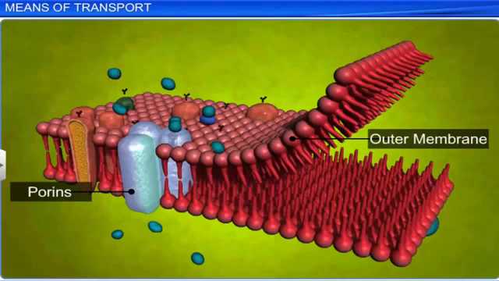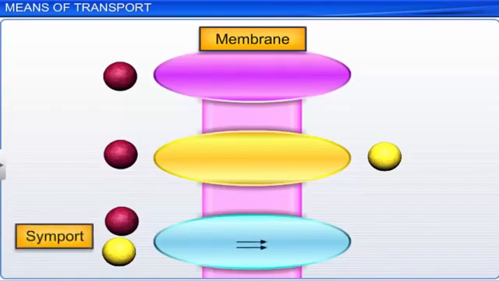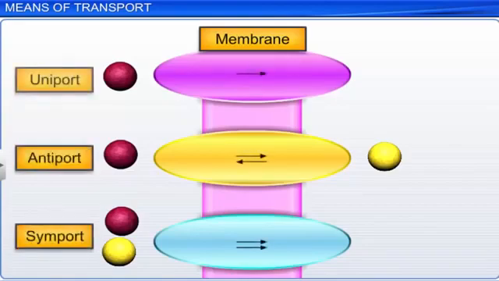The water channels are made up of 8 different kinds of aquaporins. Some transport proteins allow diffusion if 2 different types of molecules are required to be transported. Based on direction, transport of molecules can be differentiated into 3 types: symport, antiport, and uniport.